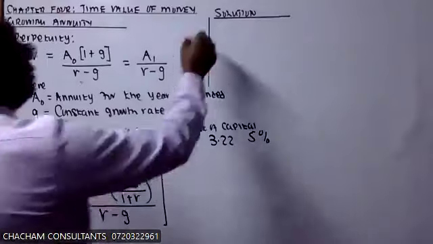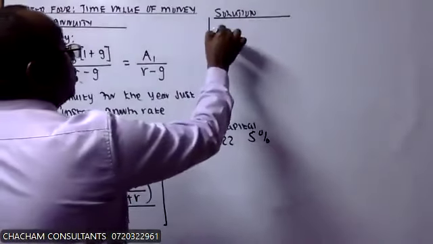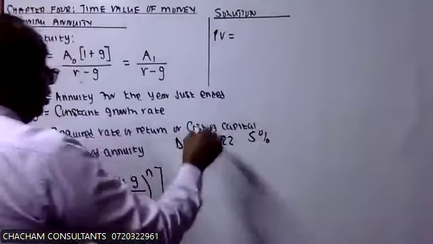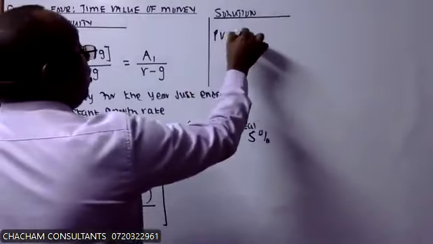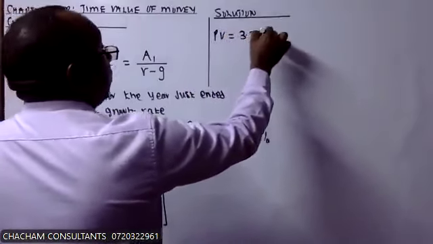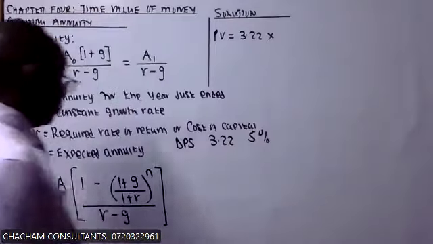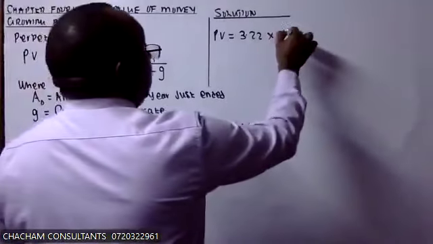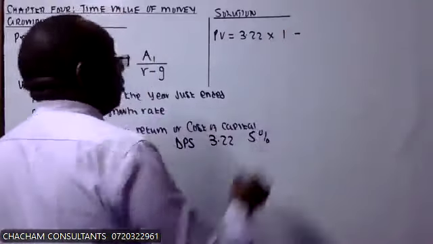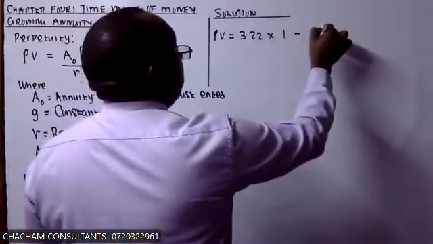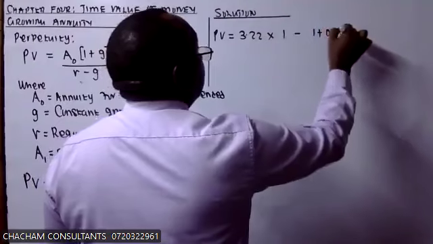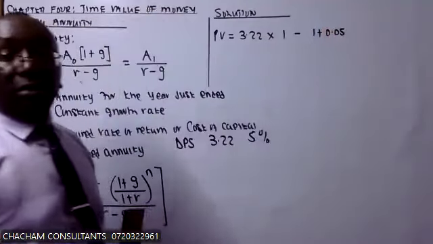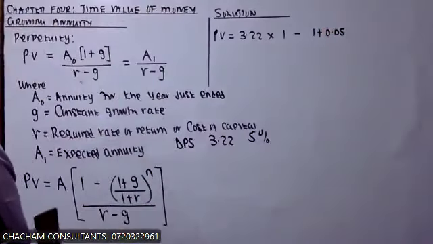So we say the present value should be this dividend per share 3.22 times 1 minus 1 plus G. That is 1 plus 0.05.